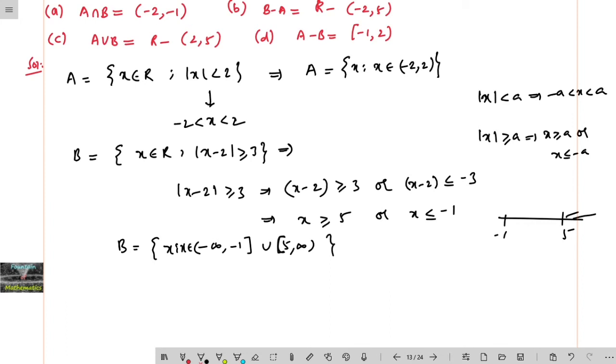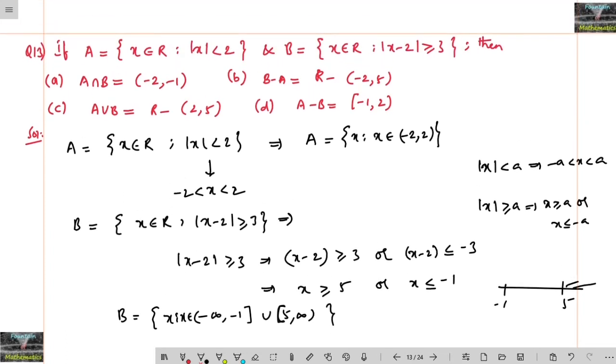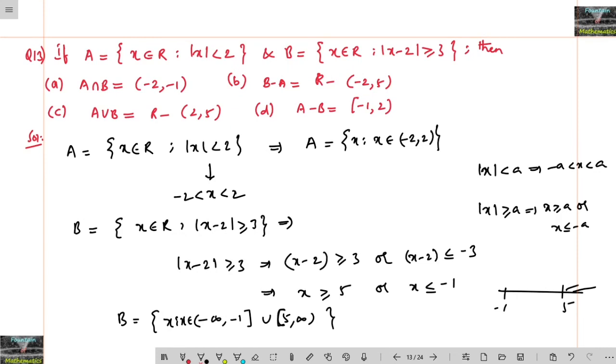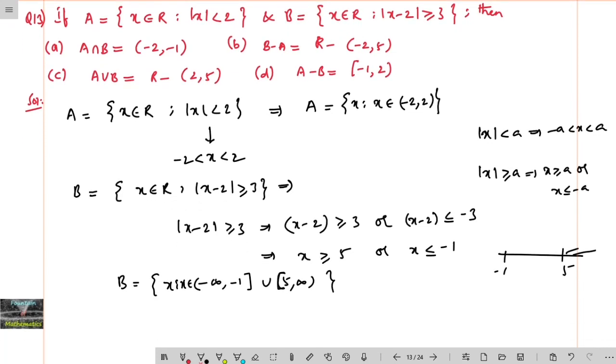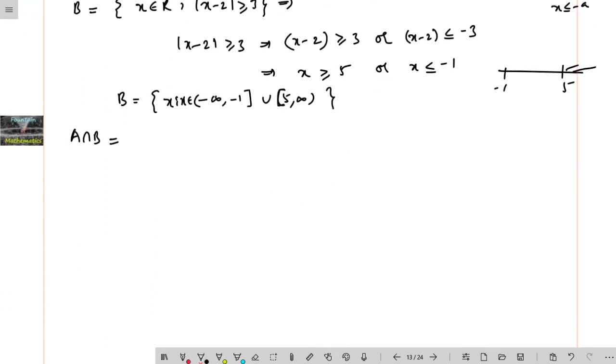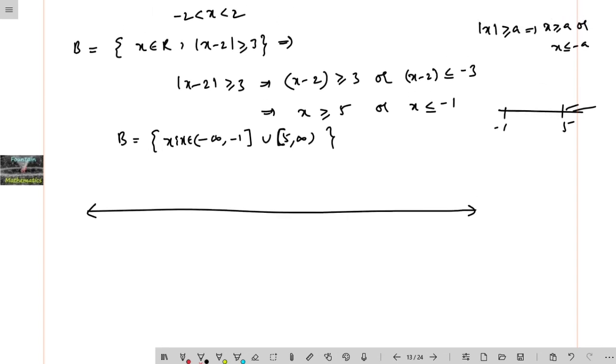Okay, and coming to the next. Now if I find the first part, A intersection B. A intersection B, A is this set minus 2 to 2. Better I can go with the number line. So A is given here minus 2 to 2.